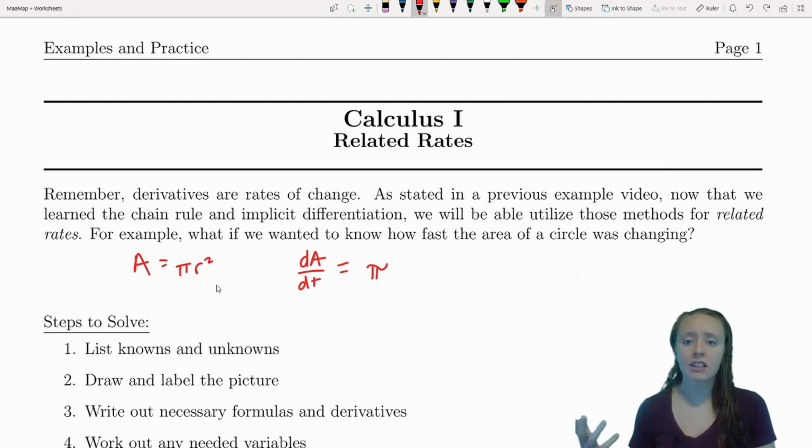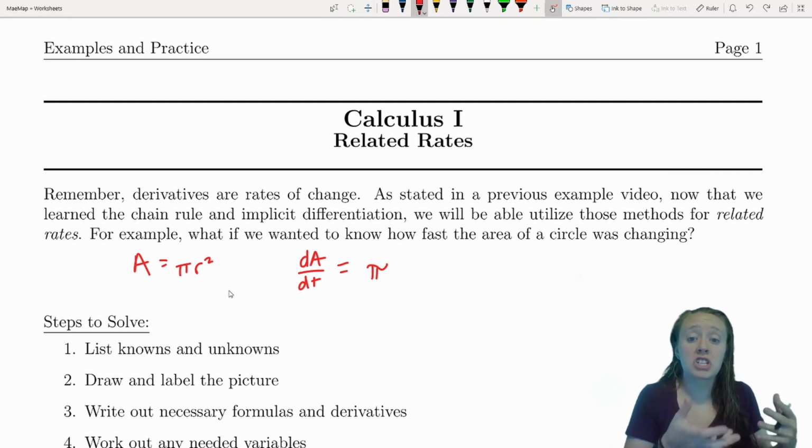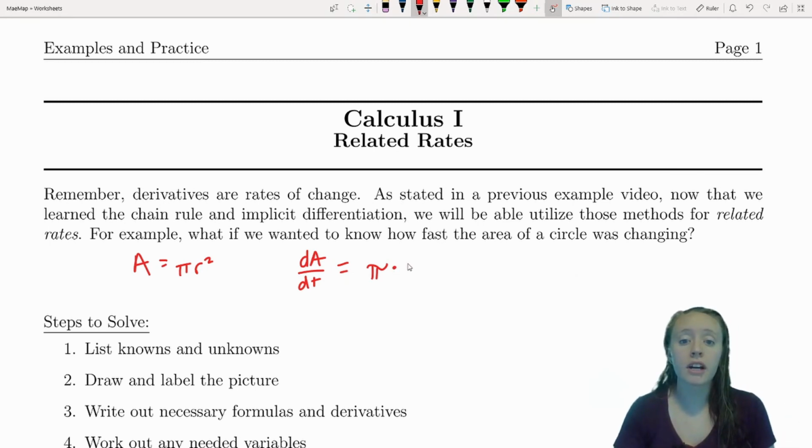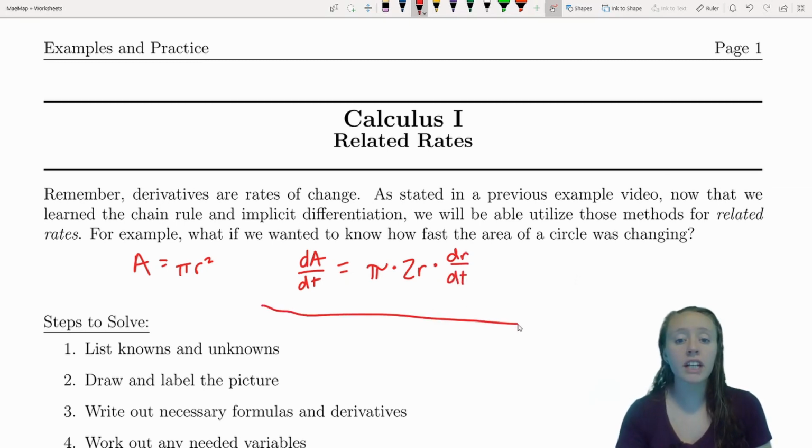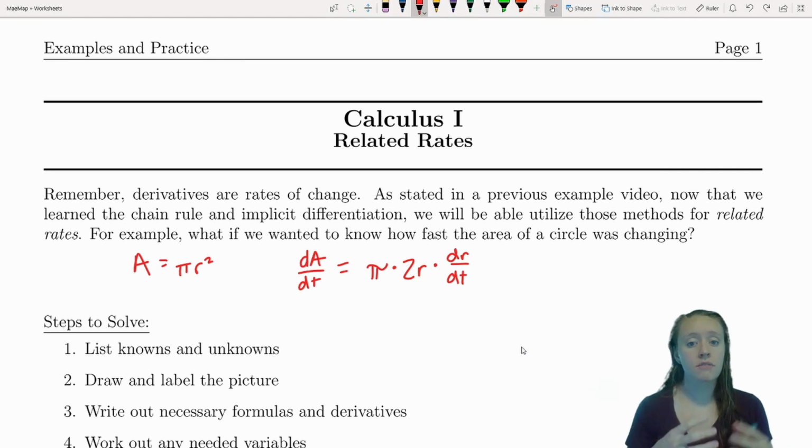But similar to taking the derivative of, let's say, y squared with respect to x, y is some function of x, we have to remember that chain rule. Same with r. R is some function of t, we have to remember that chain rule. So the derivative of r squared is not just 2r, but it's 2r times the derivative of the inside, dr dt.